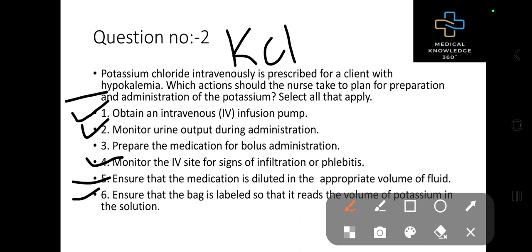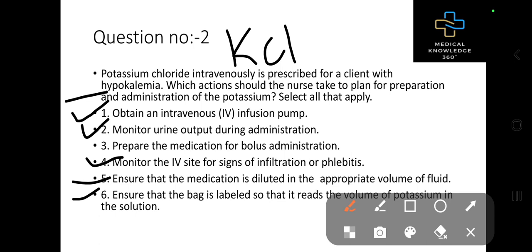Because potassium chloride administered intravenously must always be diluted in IV fluid and infused via an infusion pump. Potassium chloride is never given by bolus, that is IV push. Giving potassium chloride by IV push can result in cardiac arrest. So for this reason we never give potassium chloride in bolus or IV push form.